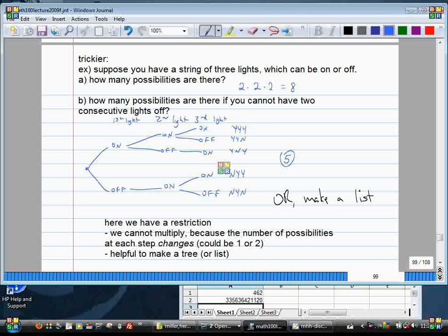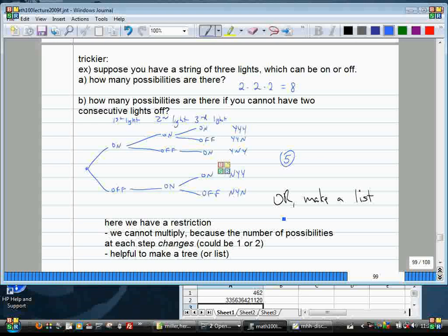Right, so you'll use a tree to solve the question, but how do you know when you have such a question? Yes. When the number of possibilities changes. Right?